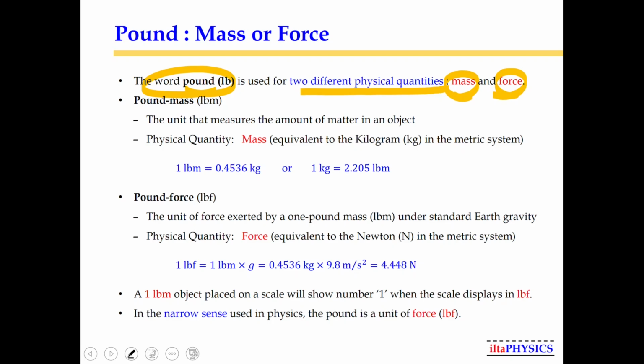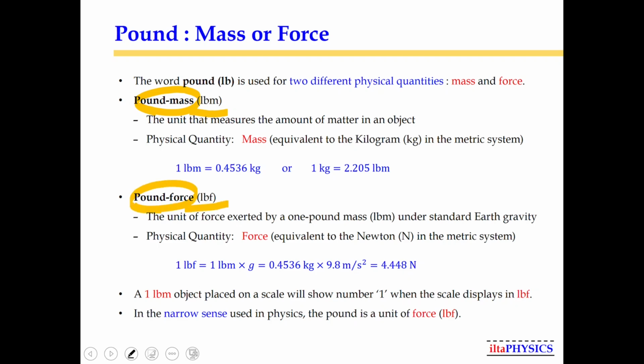To be more precise in physics terms, we need to distinguish between pound mass, or lbm, which is used as a unit of mass, and pound force, or lbf, which is used as a unit of force. First, pound mass is a unit of mass like the kilogram, representing the intrinsic mass of an object. As shown in the relationship below, 1 pound is equal to 0.4536 kilograms, and 1 kilogram equals 2.205 pounds.